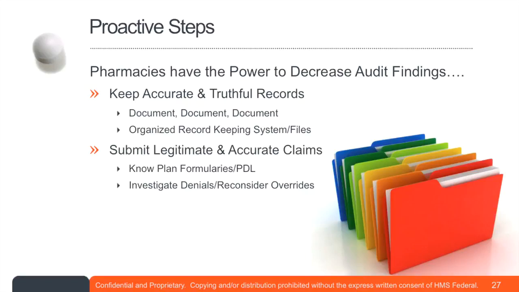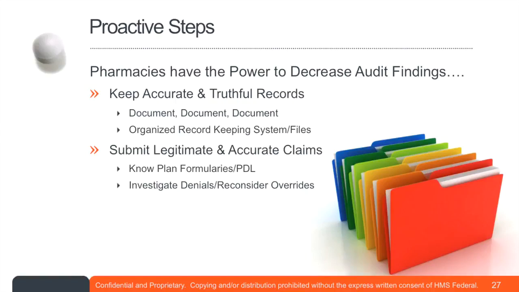If you didn't document it, you didn't do it. That documentation is so important in all aspects of pharmacy, from compounding sterile medication to third-party payers. So make sure you document. Documentation is so important.